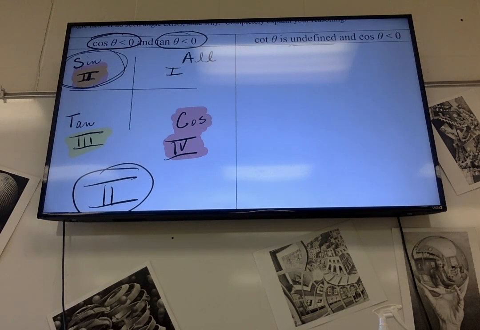When it starts talking about undefined things, then it has to be talking about an axis. So on these, we use a unit circle.